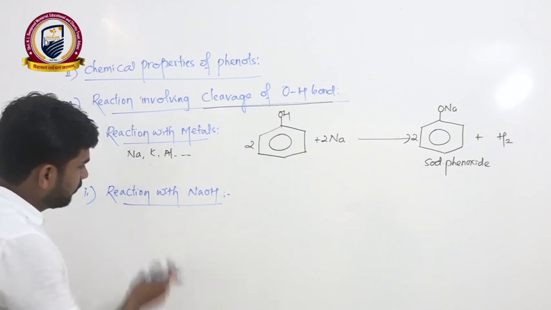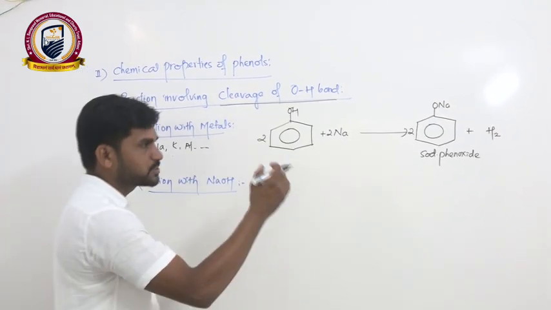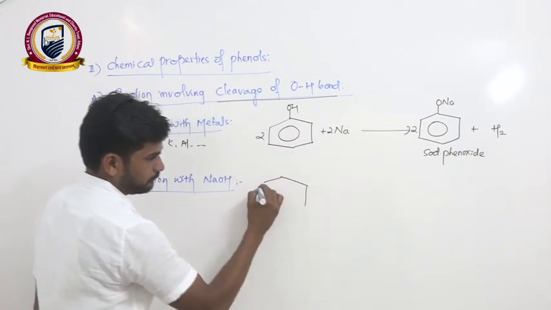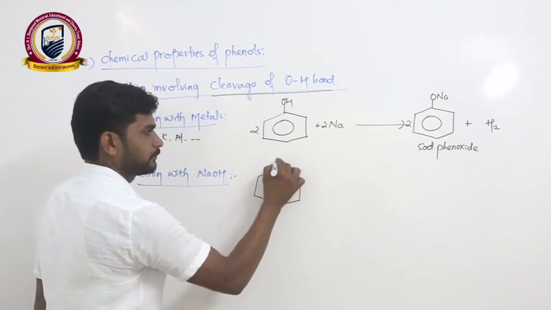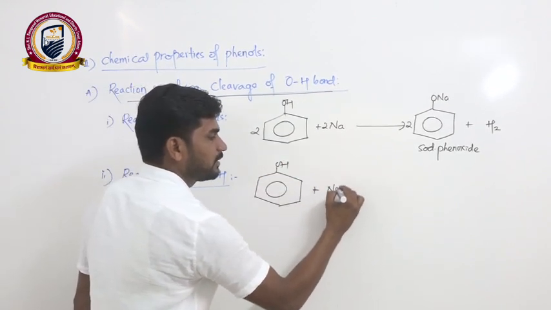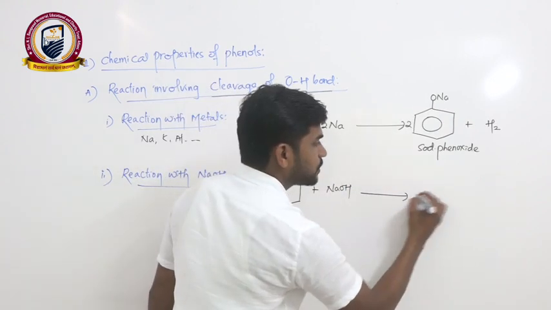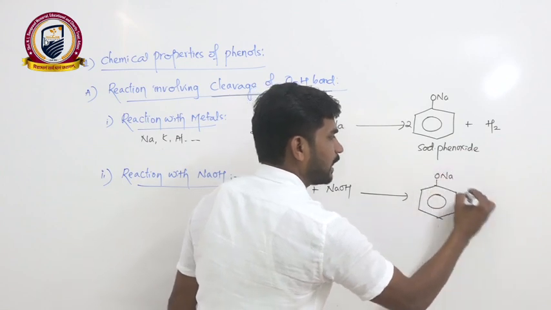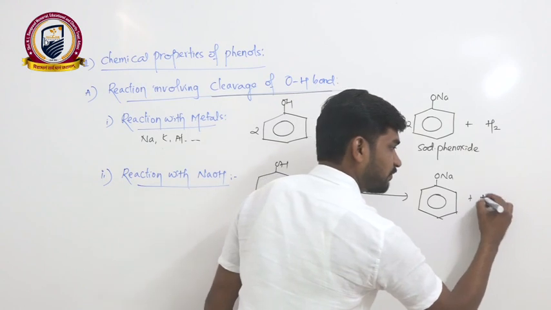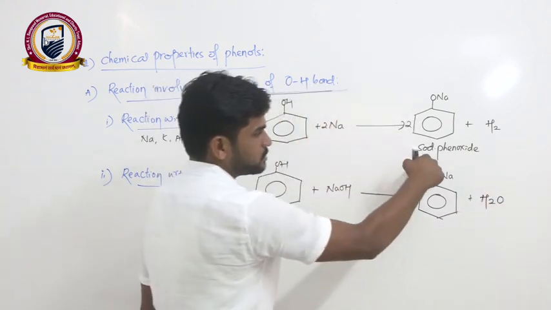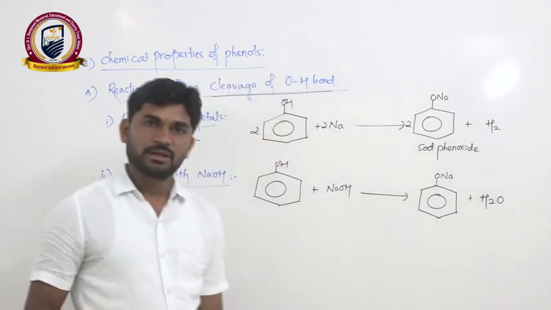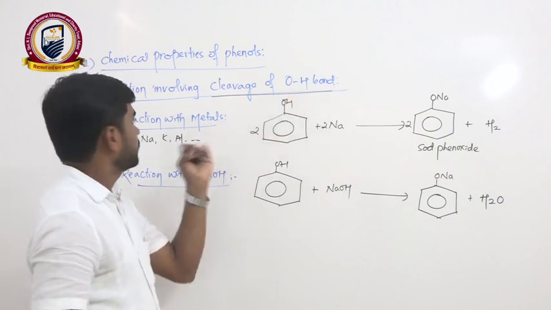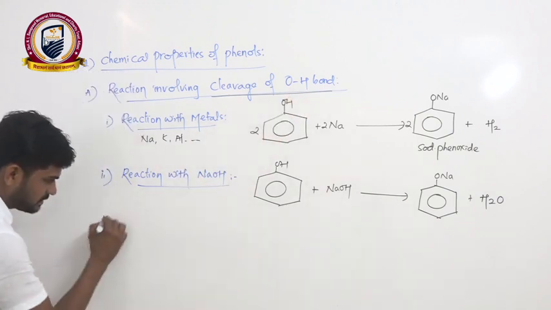Second reaction: phenol reacts with sodium hydroxide, forming the same compound, sodium phenoxide, C6H5ONa, along with H2O. So this compound is also called sodium phenoxide, with the formation of H2O. These are the 2 reactions which explain the acidic nature of phenols that we have to discuss here.